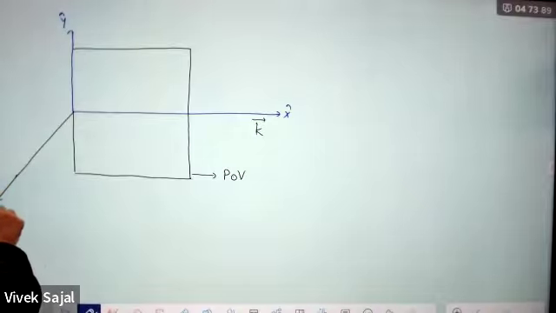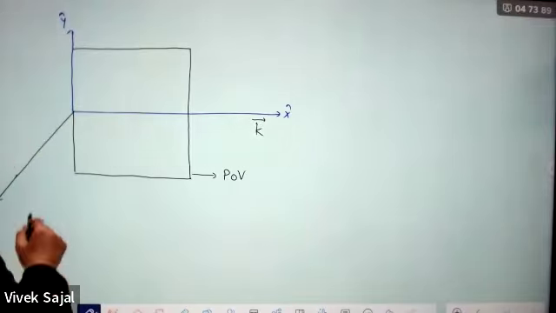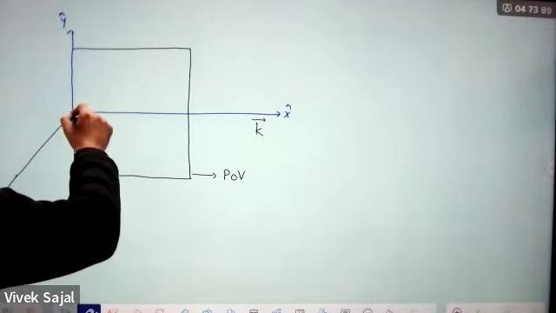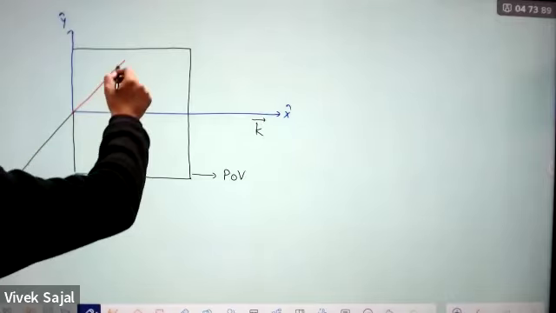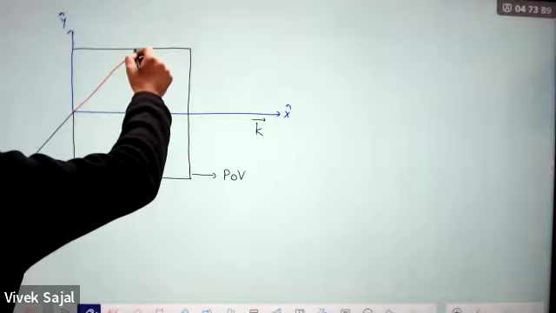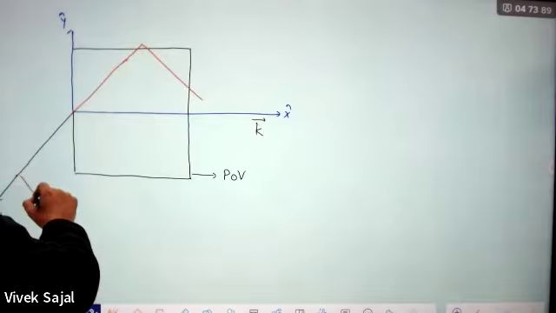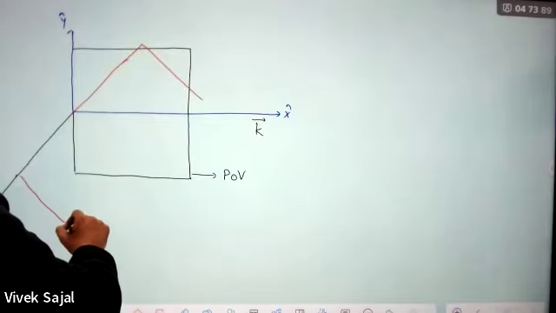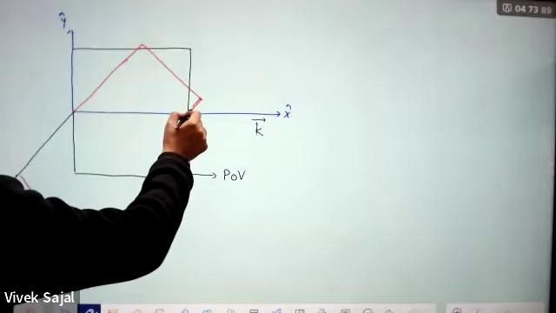If you look at z axis, then you will find there is a plane like this, intersecting this one.